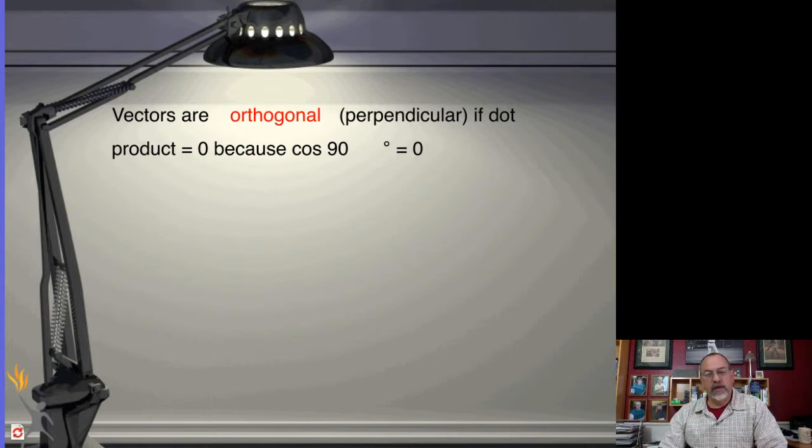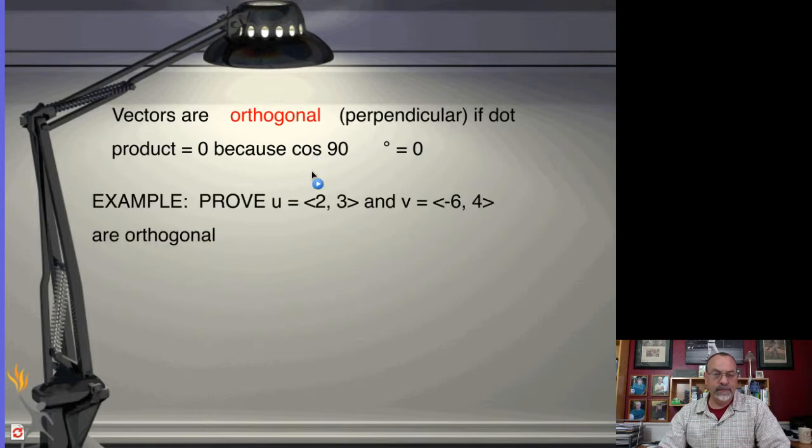The only way for that fraction to be 0 is if the numerator has a value of 0. And the only way to have a numerator with a value of 0 would be if you multiplied those two together and got a dot product of 0. So perpendicular vectors will have a dot product of 0.